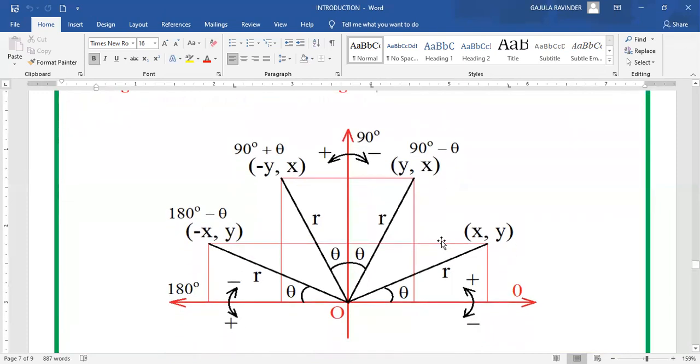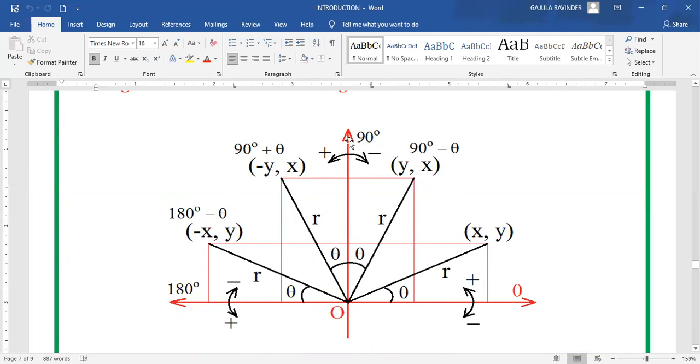Then how do we define 90 minus theta, sir? Just let us see. When this is theta and this is the point x comma y at the distance r from the origin, the angle 90 minus theta will be taken in this manner. This is the terminal ray of 90 minus theta. How do you say, sir?